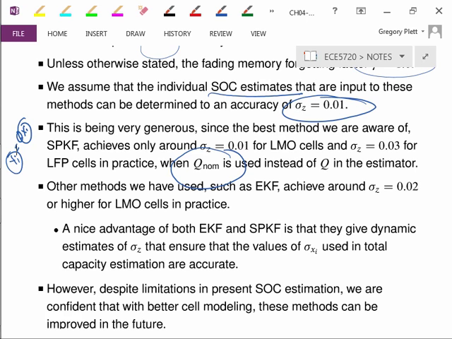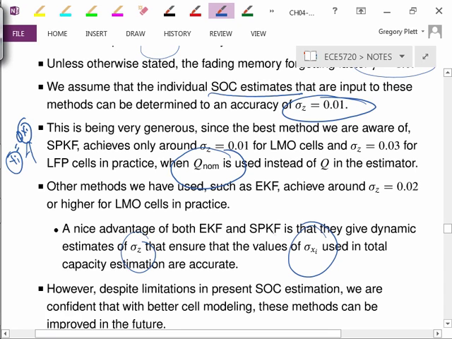The really nice advantage of using a Kalman filter type of estimator for SOC is that it gives you not only xi, but it gives you sigma xi, these dynamic error bounds, because it gives you the estimates of state of charge and also the variance or standard deviation of those estimates. So I can compute sigma xi directly and use that as input into the capacity algorithm, because that's one of the required inputs.